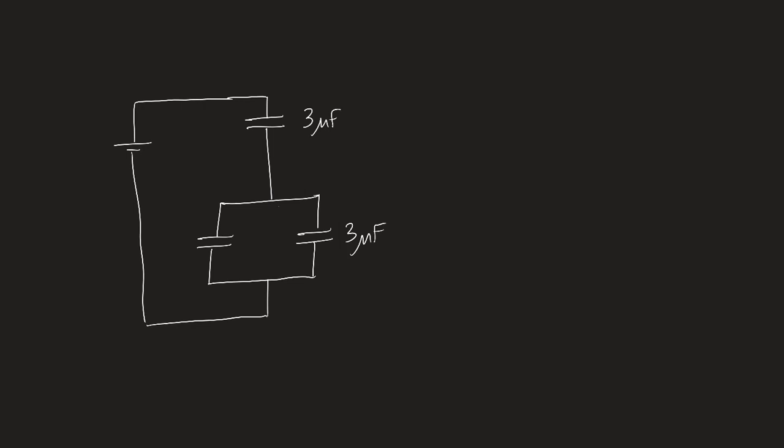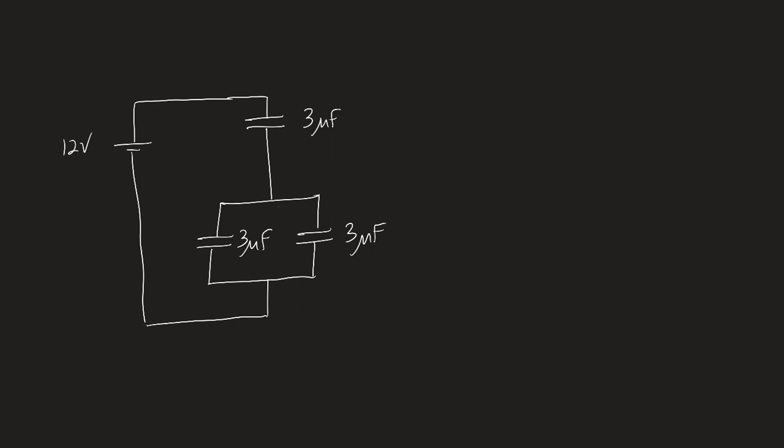This is going to be 3 microfarads, 3 microfarads, and 3 microfarads. I'm sticking with numbers that are relatively the same because I want to stress process. And we'll keep this 12 volts. This circuit can't be reduced in a single step. It's called stepwise reduction.